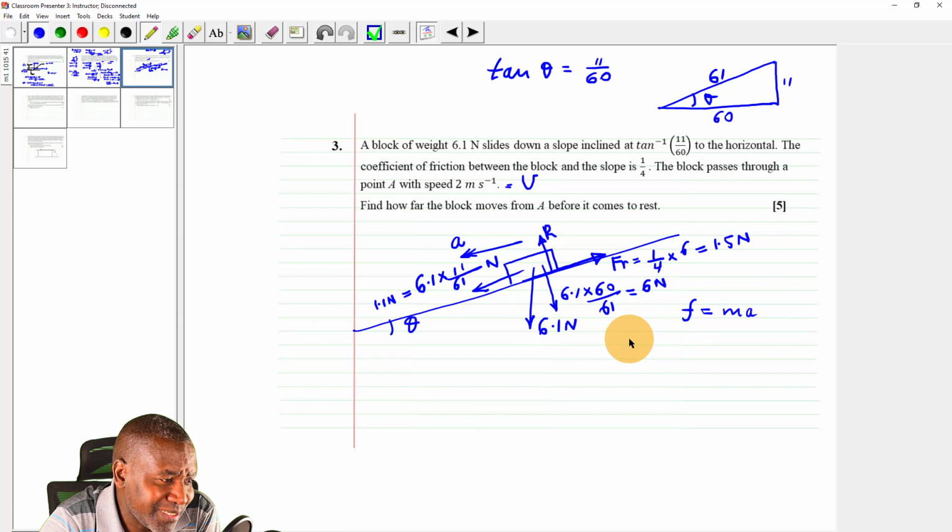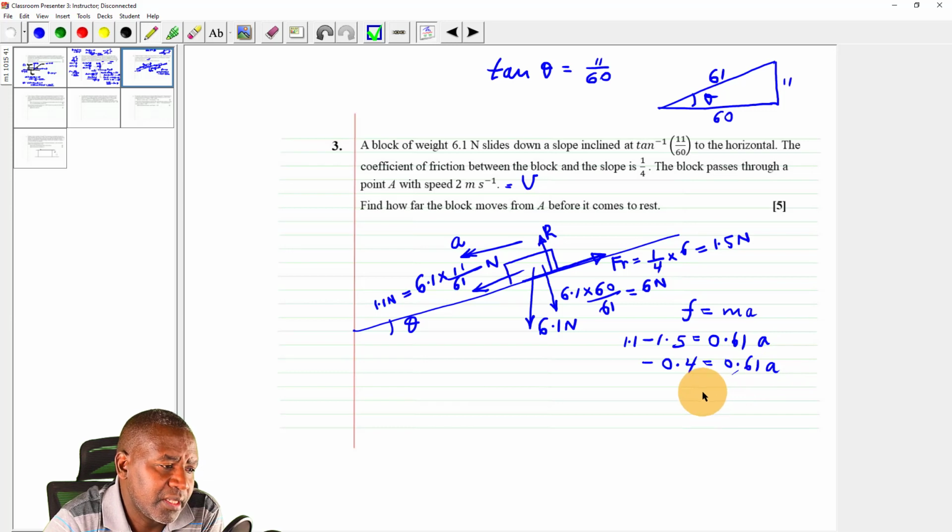So the force acting down the slope is 1.1 minus 1.5, which is equal to 0.61 times a. This is negative 0.4, equal to 0.61 a, and our a is 0.4 divided by 0.61.